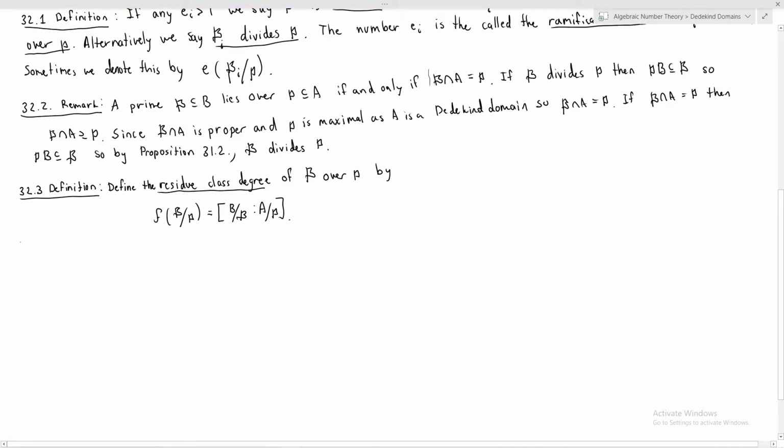Okay, and then there's some concepts of special behavior of these guys. Okay. So we're going to let Fi be the residue degree of the ith prime.